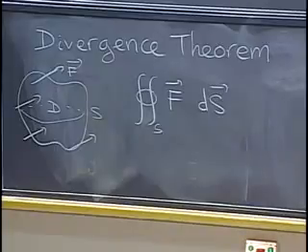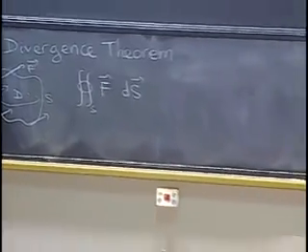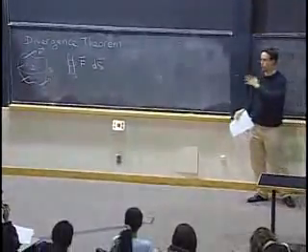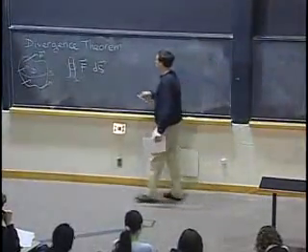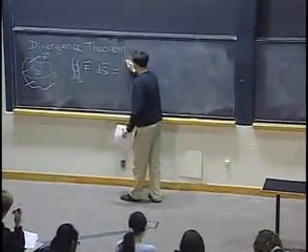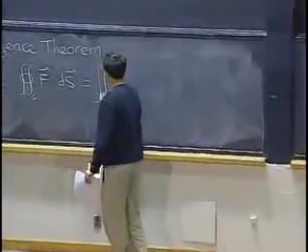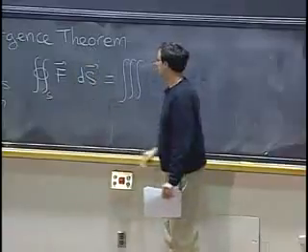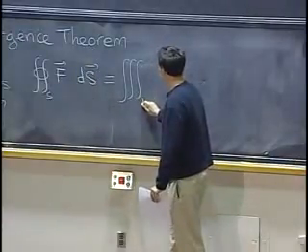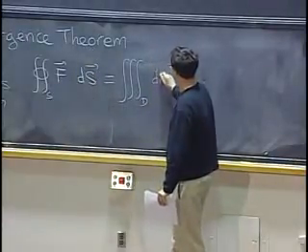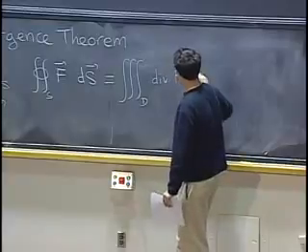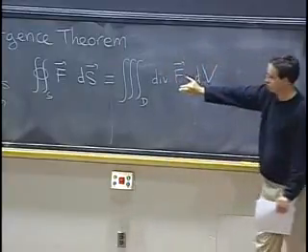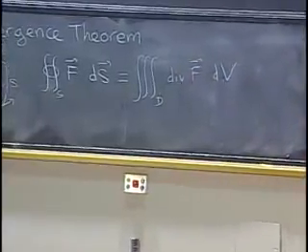And to set this up, of course, I need to use the geometry of the surface. Depending on what the surface is, we've seen various formulas for how to set up the double integral. But we've also seen that if it's a closed surface and if the vector field is defined everywhere inside, then we can reduce that to a calculation of the triple integral of the divergence of F inside.